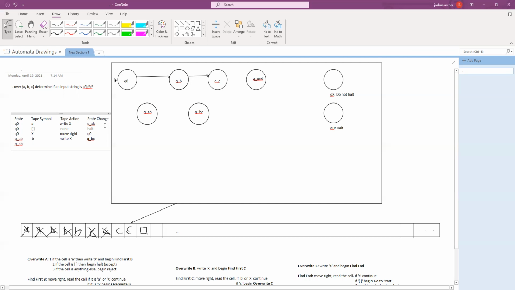So if we're looking for a B and we found an X, we don't do anything. We just move right. And as I'm looking at this, I see something. You not only need to write X, you need to also move right. So I'm going to just use MR because we're running out of room here.